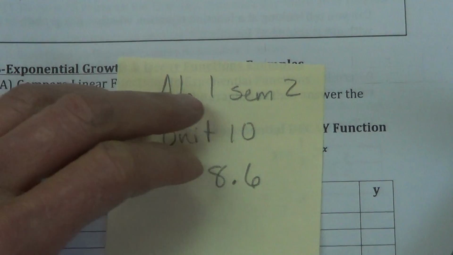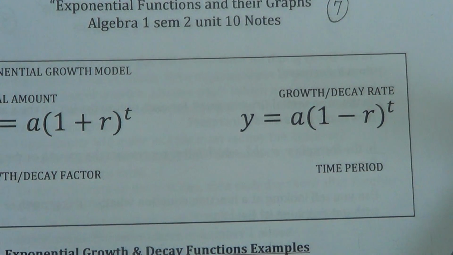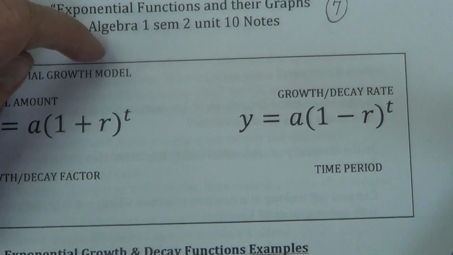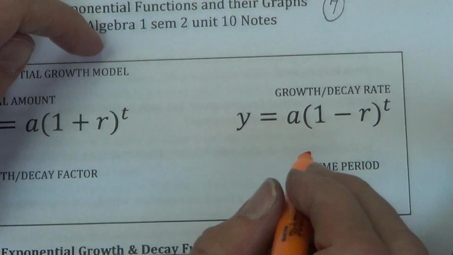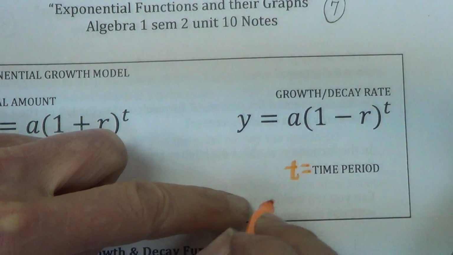Okay, we have a couple items here that we want to look at. We're still working with the exponential growth and decay. First thing is that T in these formulas represents time period.